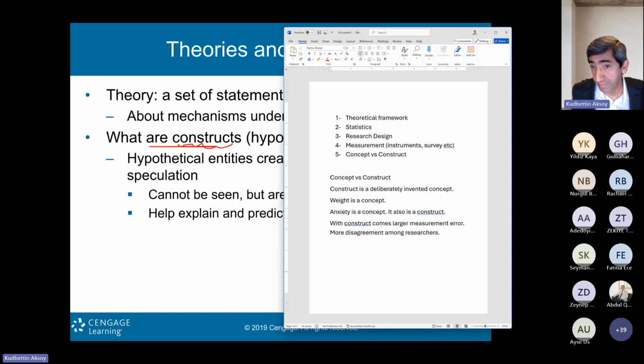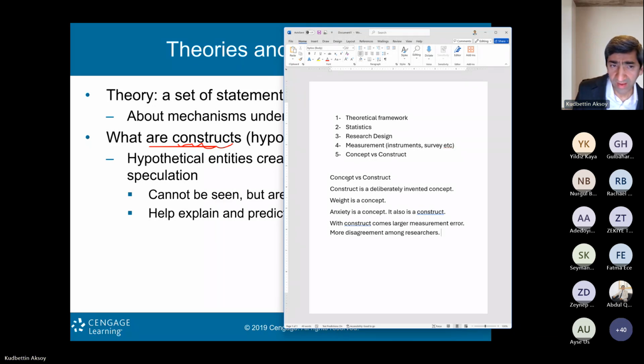You may remember from the human development course, some theories won't even go into the concept, like Skinner's operant conditioning theory, because anything that has to do with the inner mind, at that time they called it a black box, and don't go in there.